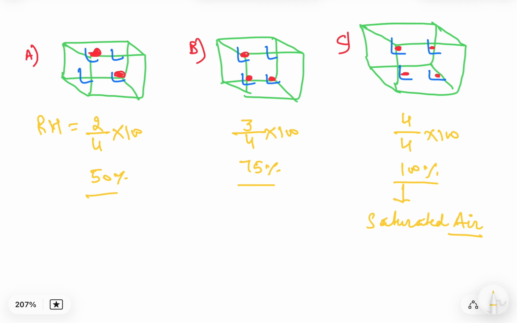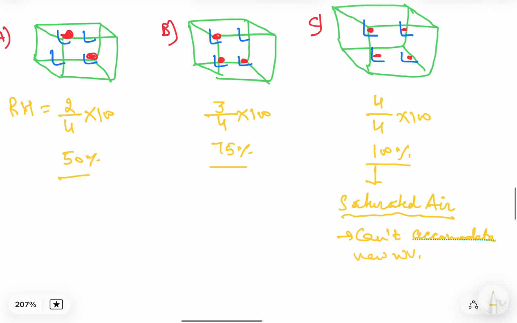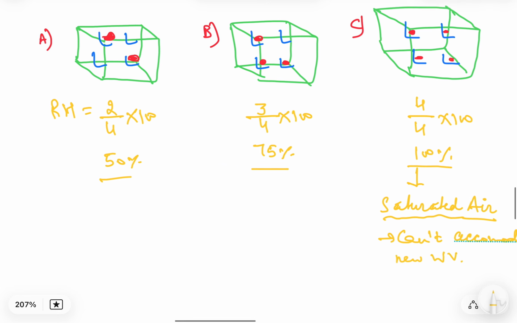So saturated air is air which cannot accommodate new water vapor. So here we have concluded that when the water vapor increases, relative humidity also increases.